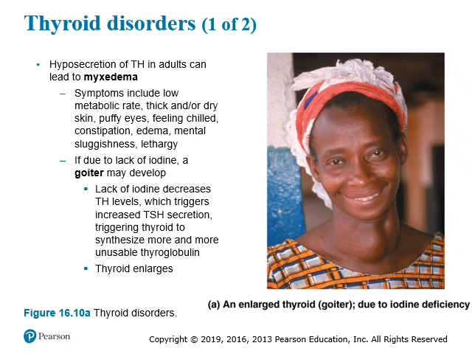The symptoms will include low metabolic rate, very thick or dry skin, puffy eyes, feeling chilled, constipation, edema, mental sluggishness, and lethargy. If due to a lack of iodine, goiter, such as the one in the picture right here, may develop. Lack of iodine decreases the thyroid hormone level, which triggers an increase in the TSH secretion, triggering the thyroid to synthesize more and more unusable thyroglobulin, and therefore the thyroid will enlarge.